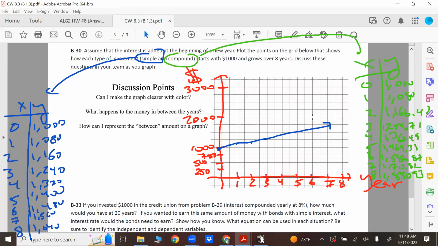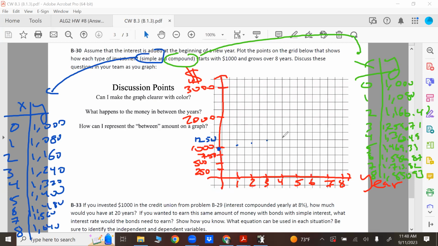Let me graph the blue one again a little more nicely. So at 1, it was 1080. And this is at 1250, by the way. So it's not going up that much. At 2, it's 1160, so it's getting closer. At 3, it's pretty much right there.